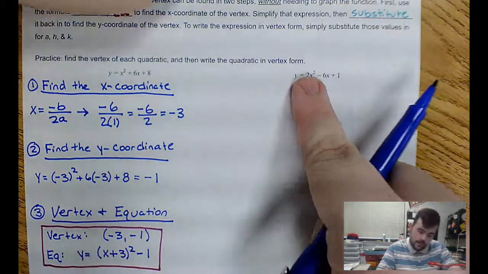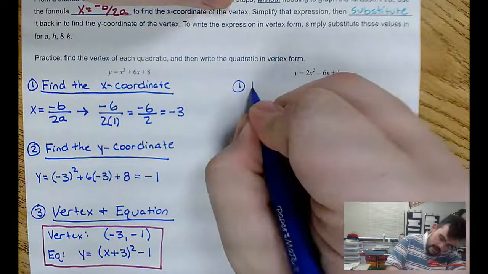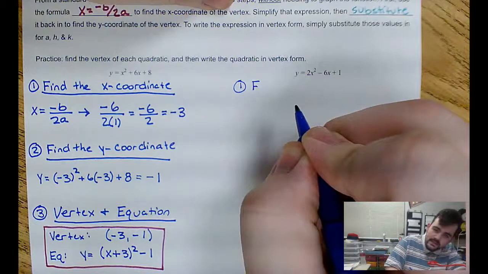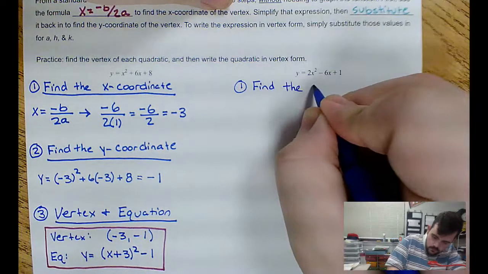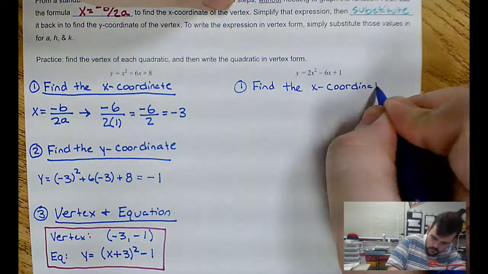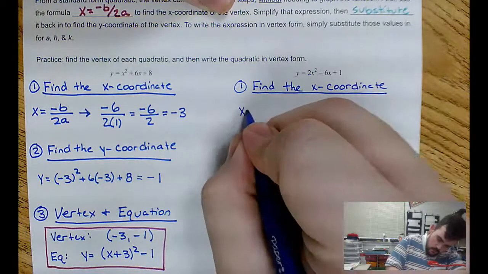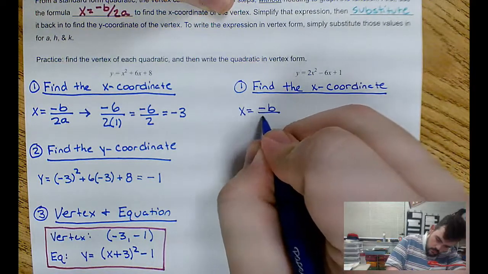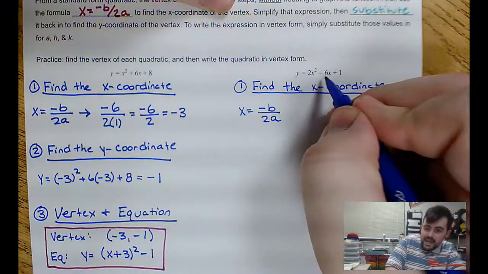Okay? So, first step is to find the x-coordinate with that x equals negative b over 2a formula. Here, b is -6.